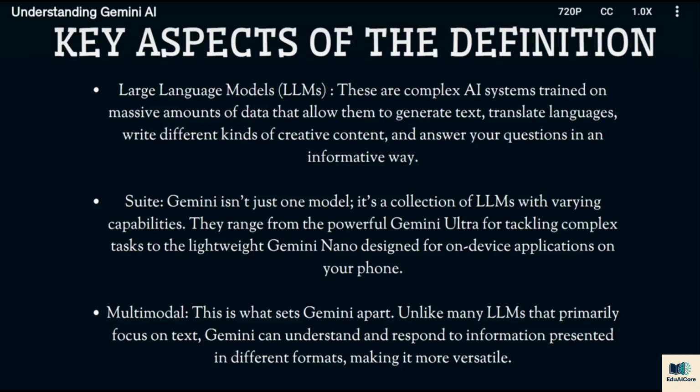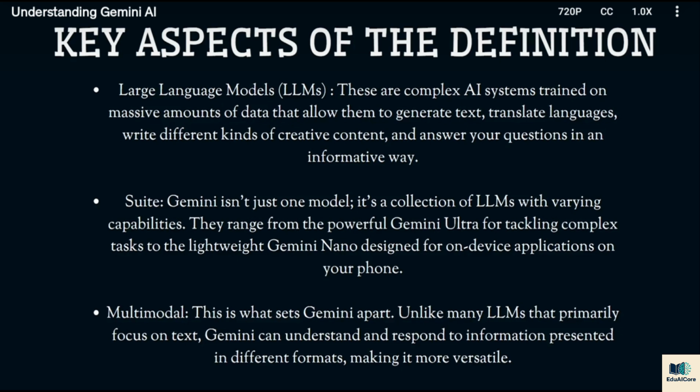Okay, let's say you don't feel like writing, you want to give it a command. If you know Alexa, like if you tell it to play something, you can also have a conversation. And if you don't know what Alexa is, it's a speaker created by Amazon, which is connected to the internet and works on an AI model.